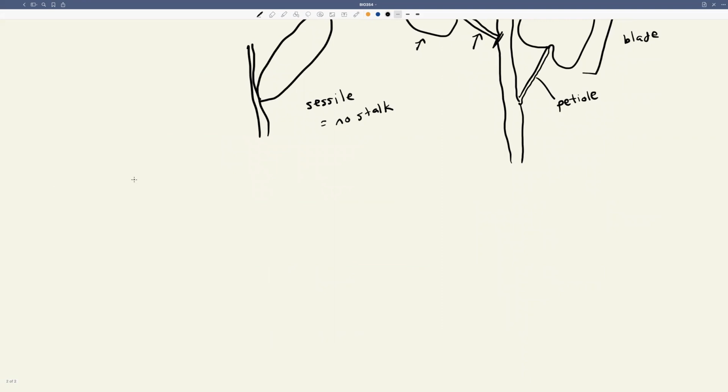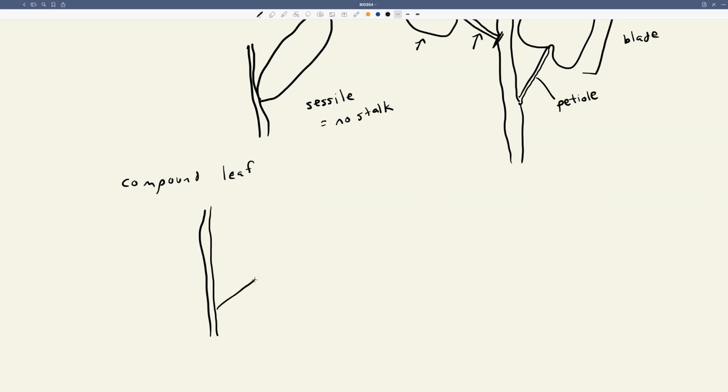So a compound leaf, you've got your stem, would be leaving the leaf. Oh, okay, let's try that again.